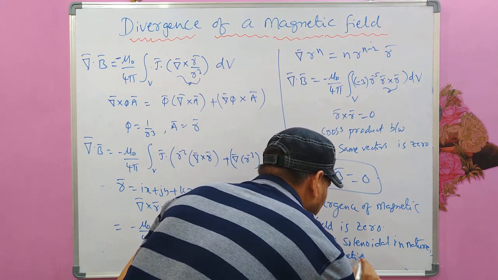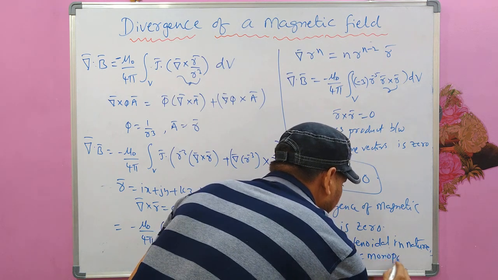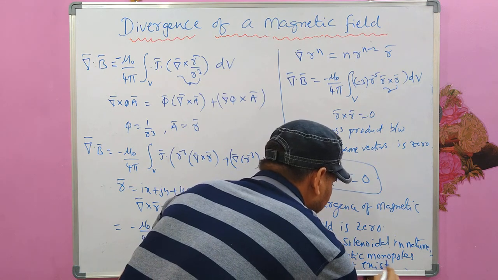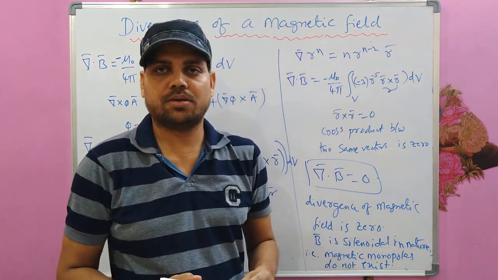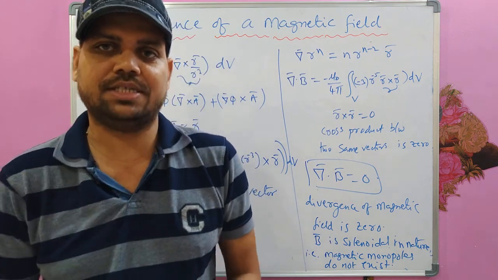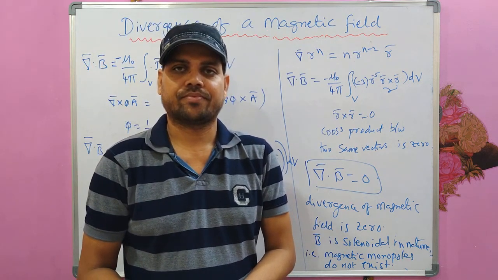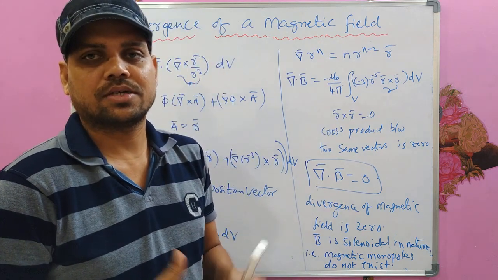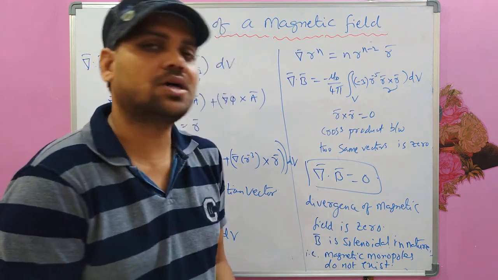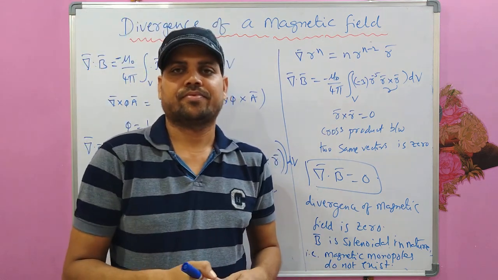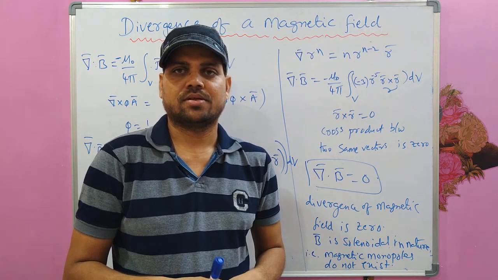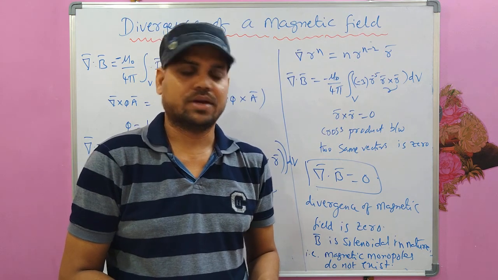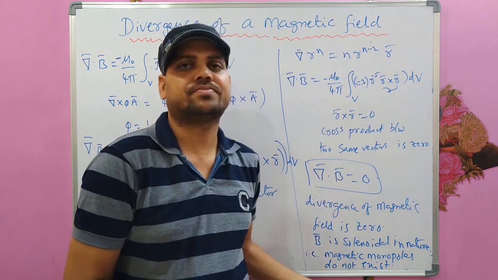There is no divergence, no source, no sink, which means magnetic monopoles are not existing. Two poles must be there. That is what we can confirm from this.